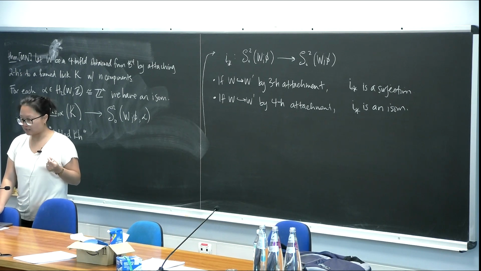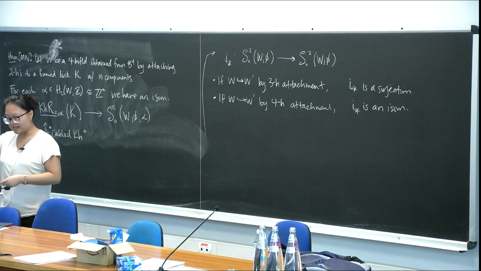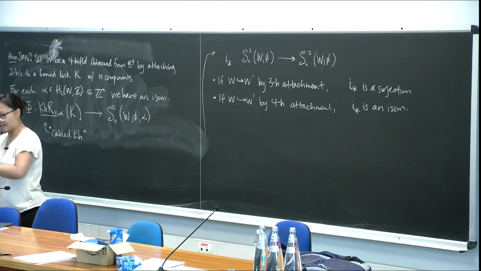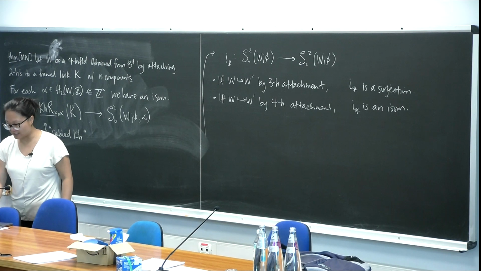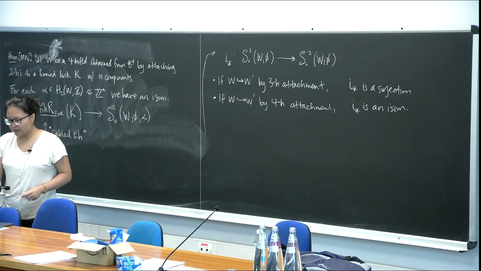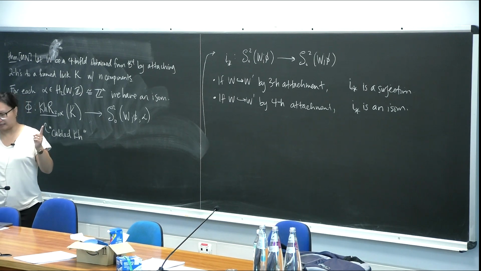So you should think I'm actually attaching these disks, or, morally speaking, the H_2 class is like you're attaching disks with this orientation, negative orientations for this component of the link. Now, that's number one, that's cabling.